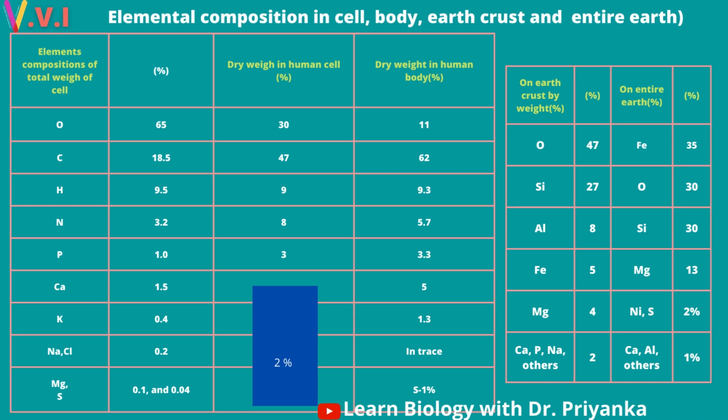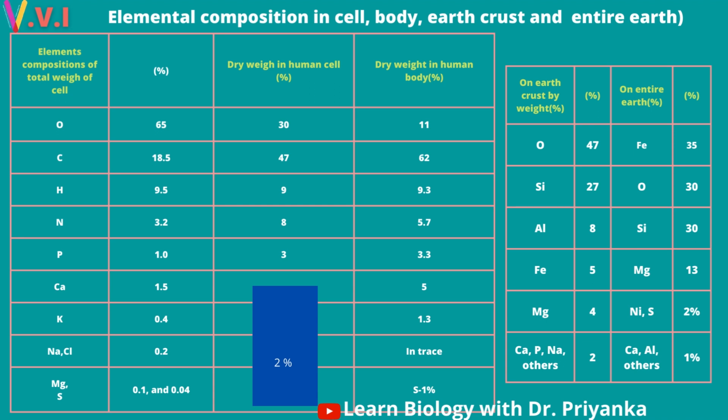Similarly, carbon is 18.5% of total weight, 47% dry weight in the human cell, and 62% dry weight in the human body, and so on. Similarly, in the case of hydrogen, it is almost the same in all three cases.